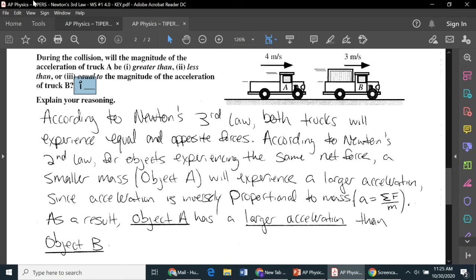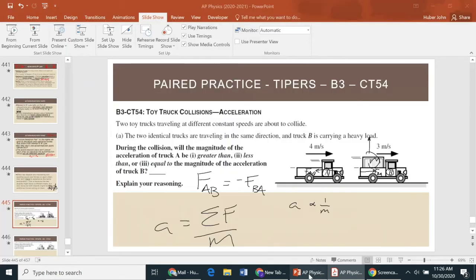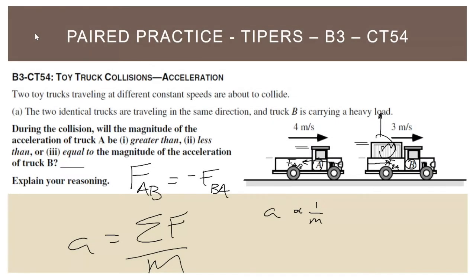The important thing to recognize about this question, I think, is that this is not the only way to answer the question. Because while Newton's second law is a perfectly viable way of answering this question, at least as far as the acceleration part is concerned, after you've addressed the forces part, you can also use Newton's first law. What Newton's first law says is that an object with more inertia is going to resist acceleration more.